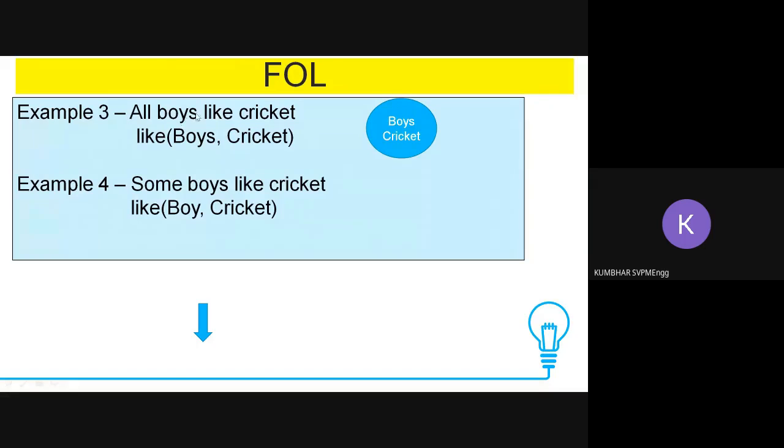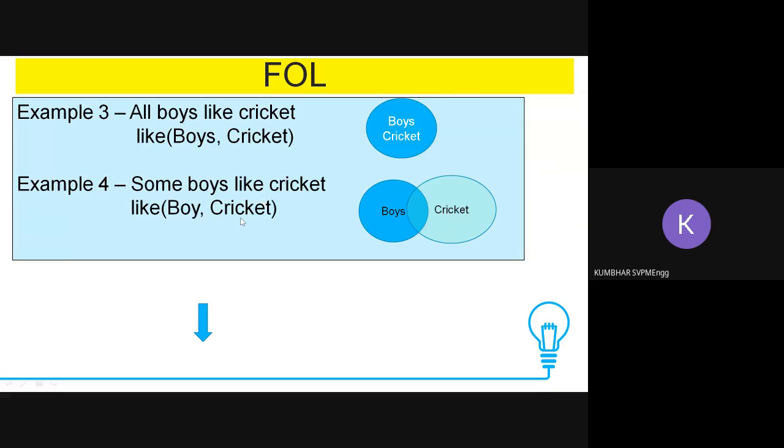When I say all boys like cricket, then both sets will be superimposed, so both sets will be the same. Even if cricket is another set and boys is another set, the statement all boys like cricket makes this a single set, both representing each other. But if we talk about some boys like cricket, then it will surely be different. The boys set will be different, the cricket set will be different, and the intersection is actually some boys like cricket.